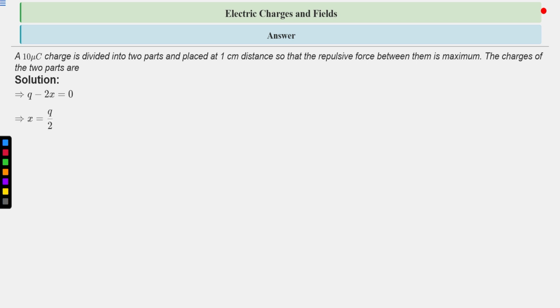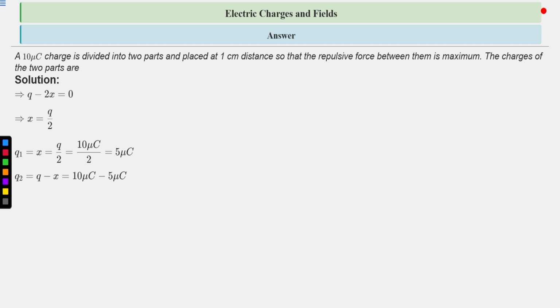Q1 equal to x, means the charge on the first part should be Q by 2. What is Q here? 10 microcoulomb. So the charge on first part should be 5 microcoulomb.